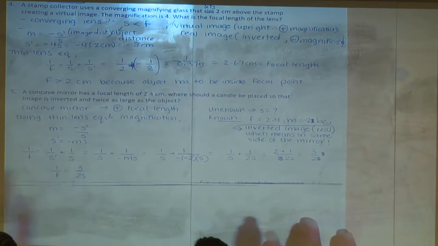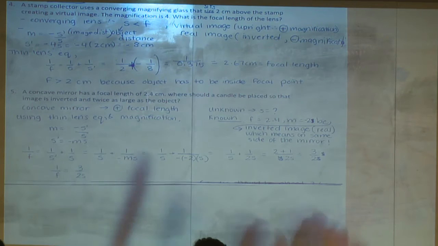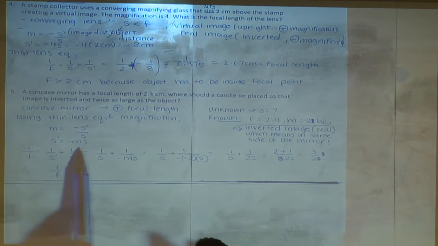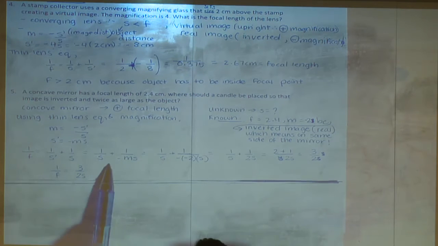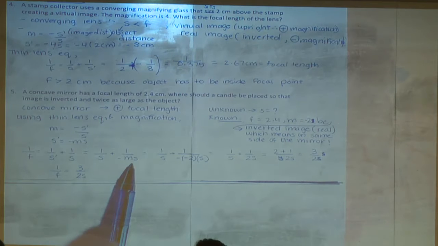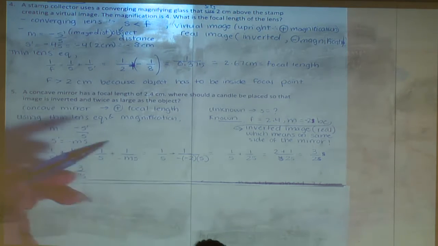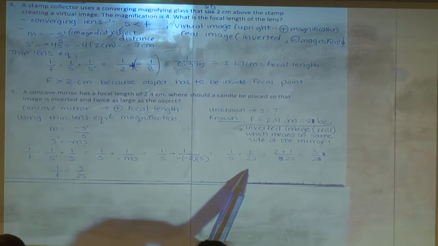Okay, so the magnification is, again, image distance over object distance. If we solve for the image distance, it's going to be negative magnification times the object distance. So we plug that into the thin lens equation right here. Because it's negative, but the magnification is also negative, so I guess there's double negatives, which makes it a positive. So then that would be 1 over s plus 1 over 2s.